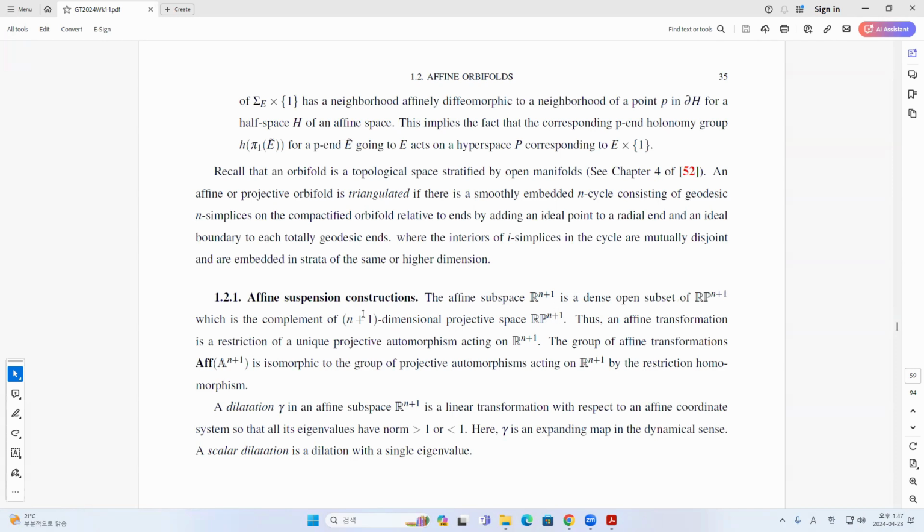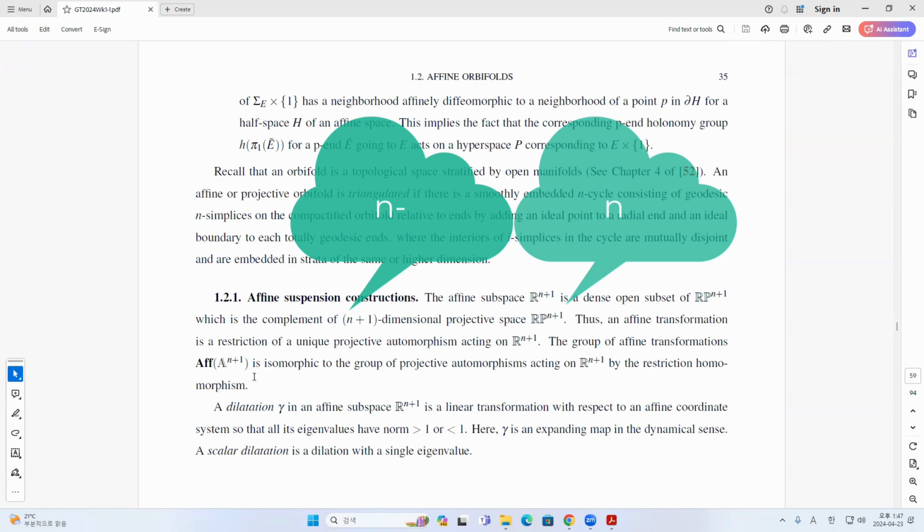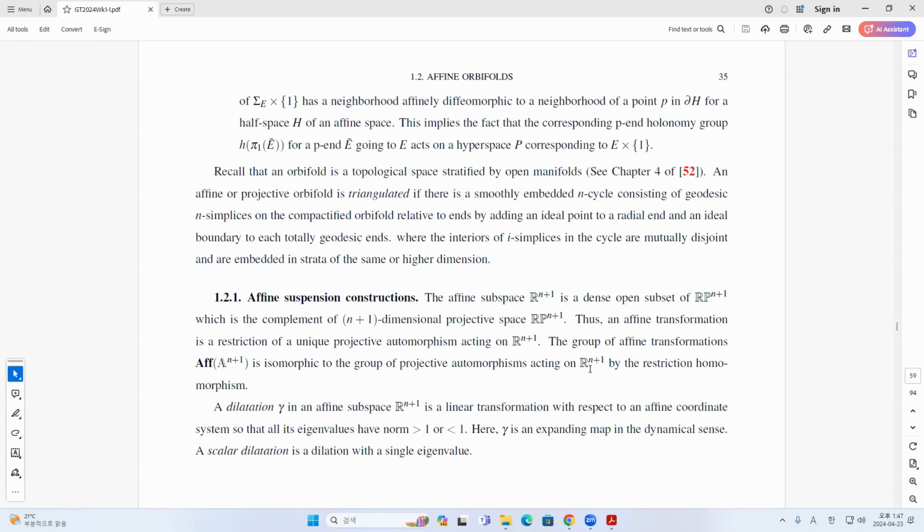Sorry, it should be the complement of an n dimensional space. An affine transformation is a restriction of a projective automorphism acting on RPn. Sorry, this is R^{n+1}, so this is correct, and this is n dimensional. The affine group is isomorphic to the projective automorphisms acting on R^{n+1} by the restriction homomorphism.